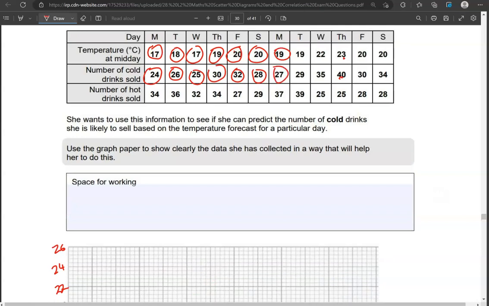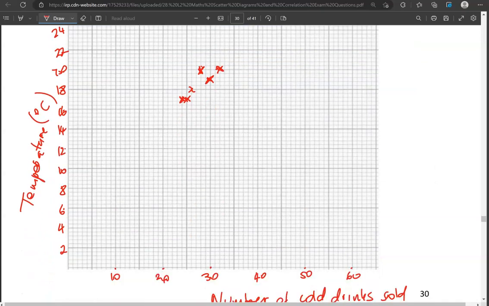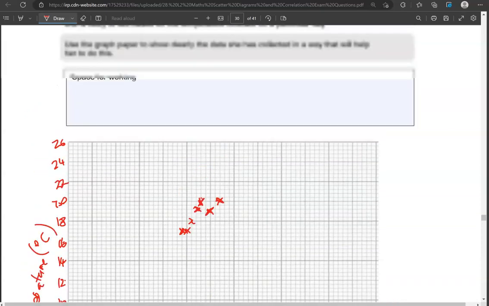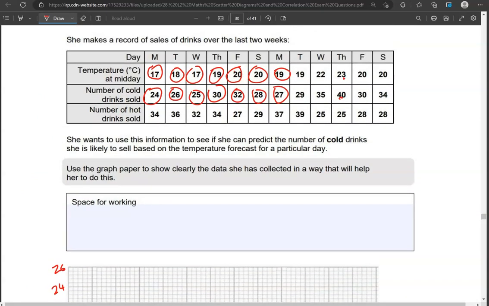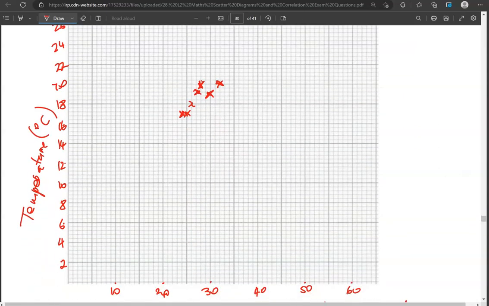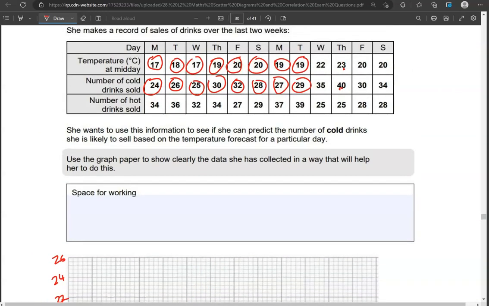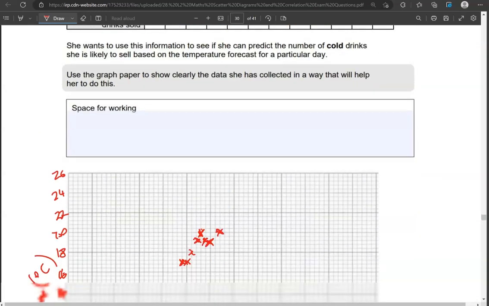Monday, 19, 27. Tuesday, 19, 29. Wednesday, 22, 35.